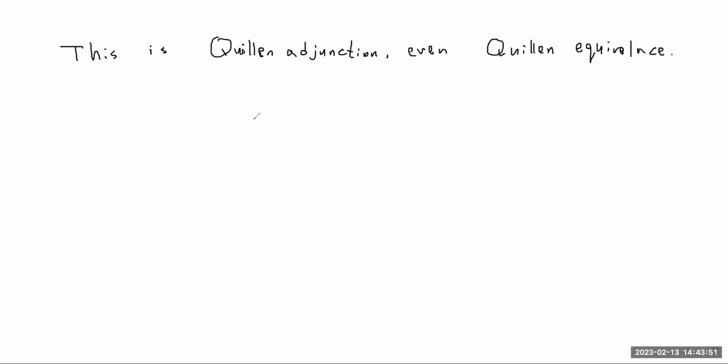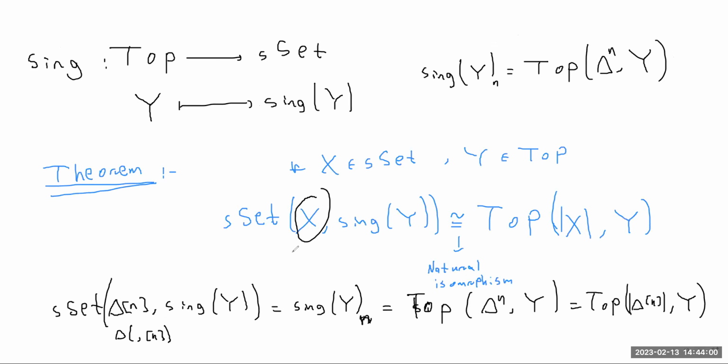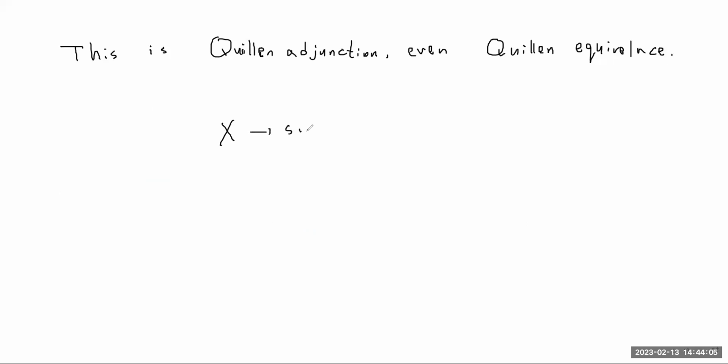What it means here is that every map here we can see as a map there. So if I have a map in topological spaces and the corresponding map in simplicial sets, one will be a weak equivalence if and only if the other is.